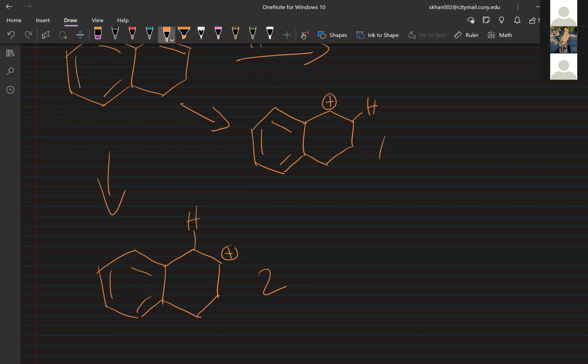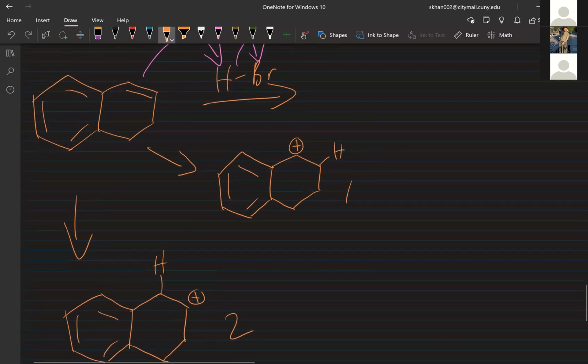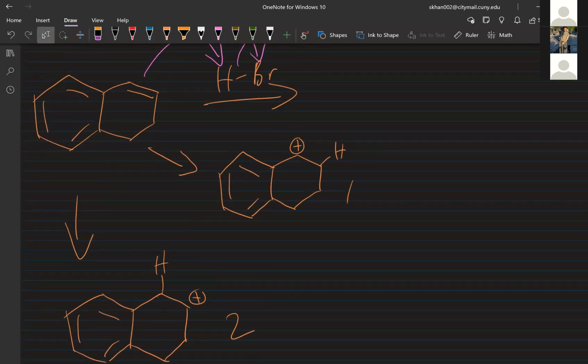Here, you have a secondary position that doesn't have any additional resonance structures. And this is why I hate that Klein talks about Markovnikov's rule as the position with more H's gets the H. It's wrong. In a case like this, you can't use that rule anymore, they both have the same H's. So whenever I teach Markovnikov's rule, I always say that you always form the most stable carbocation when you are protonating your alkene.